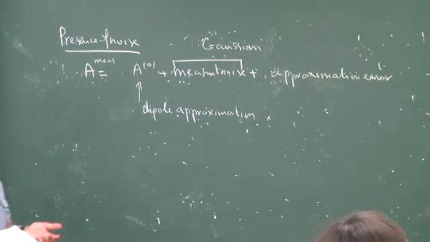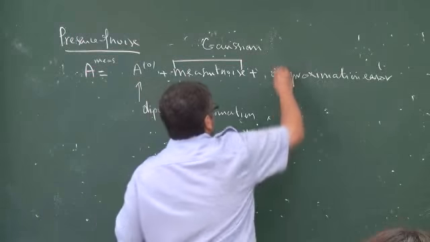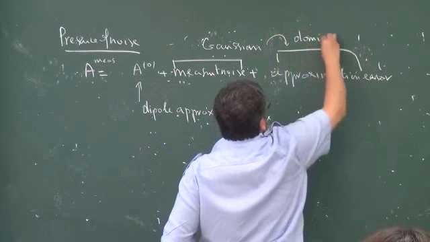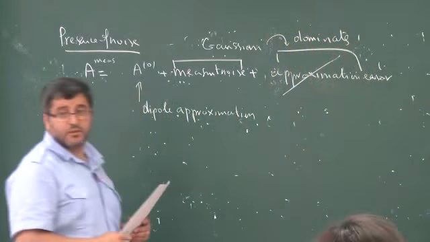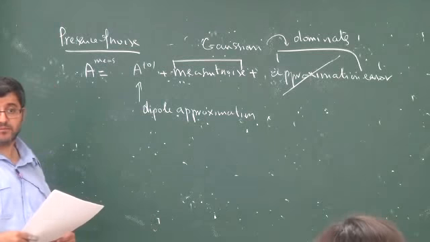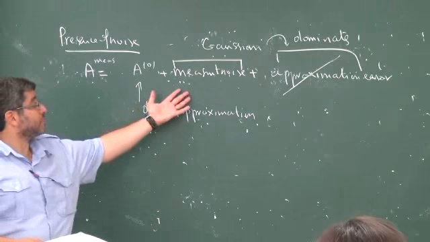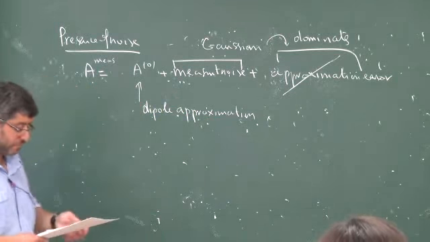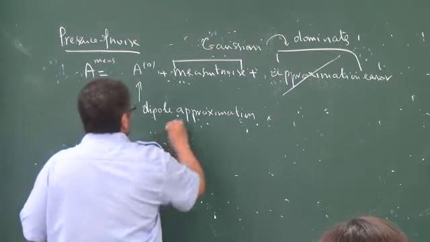Otherwise, we will neglect it. This one dominates this one, so we neglect it. Otherwise, this measurement noise is like approximation error. Nothing to do. Okay, it's symmetric. It means 0.